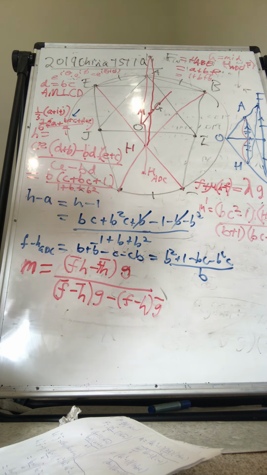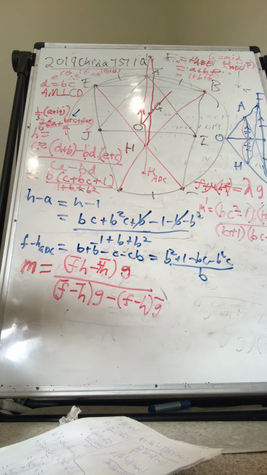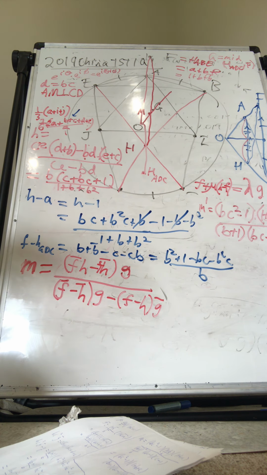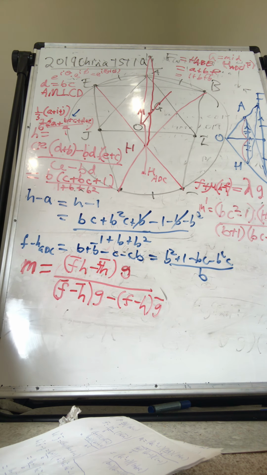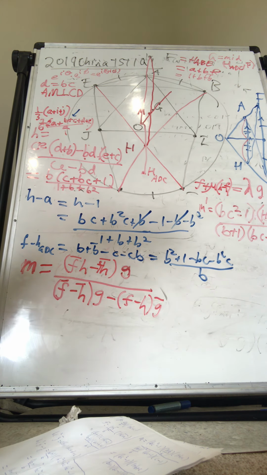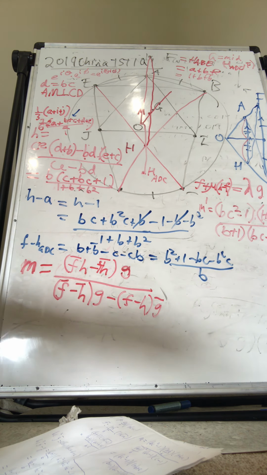Because if something's perpendicular, it's that times i, because it rotates by 90 degrees. That's what i does. So to show that something is another thing times i, you could take the ratio and it's equal to i something, and then take the conjugate, and then it has to be negative because i goes to negative i.